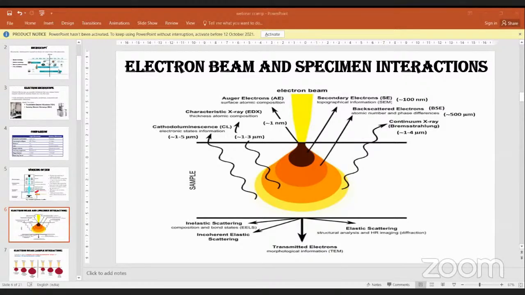When we increase the voltage, the deeper penetration enables imaging of the topographical information. So the information with 5 kV is better than 15 kV in the right. So we have to adjust which voltage to use for which sample.